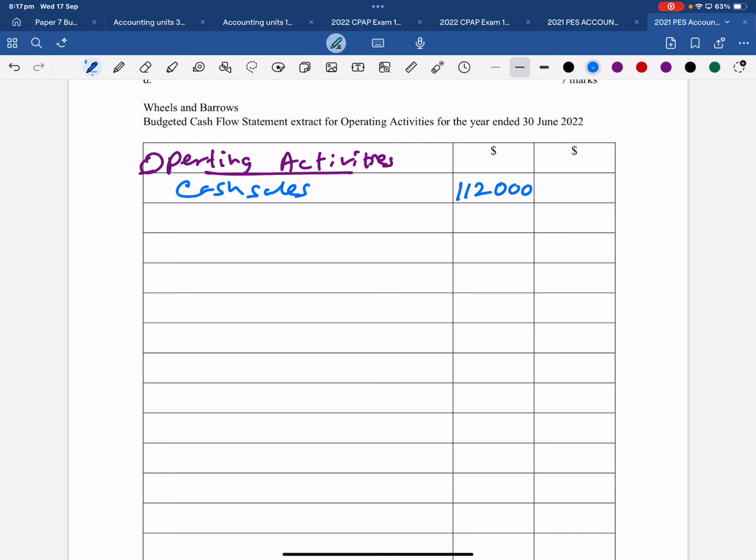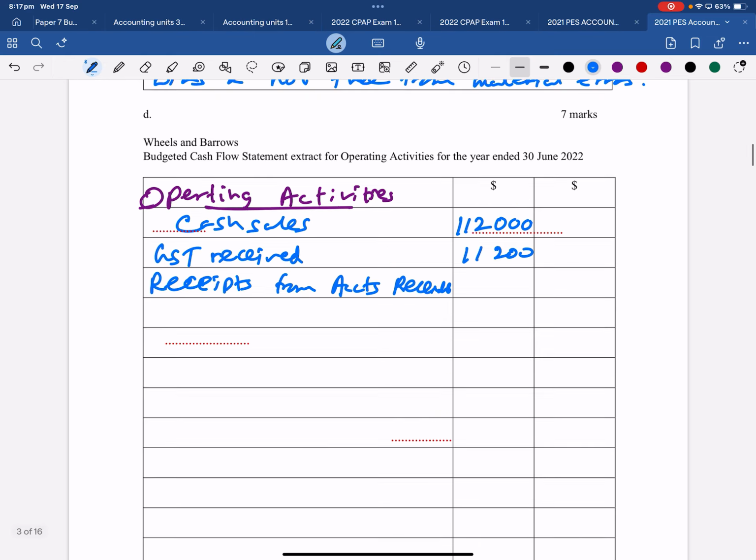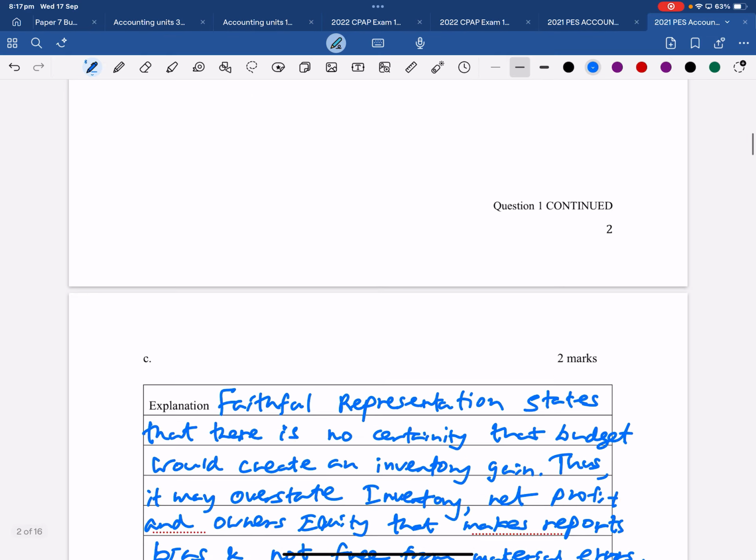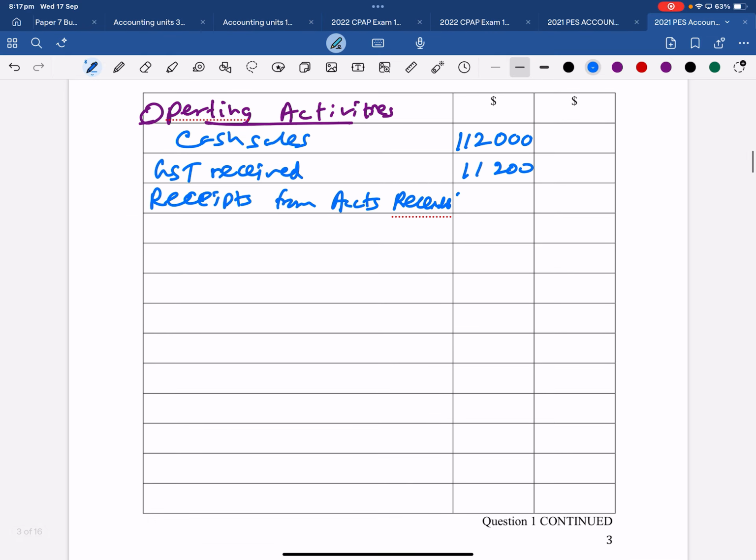Then GST received, how much? 11,200. Then you have receipts from accounts receivable, how much? 176,154.